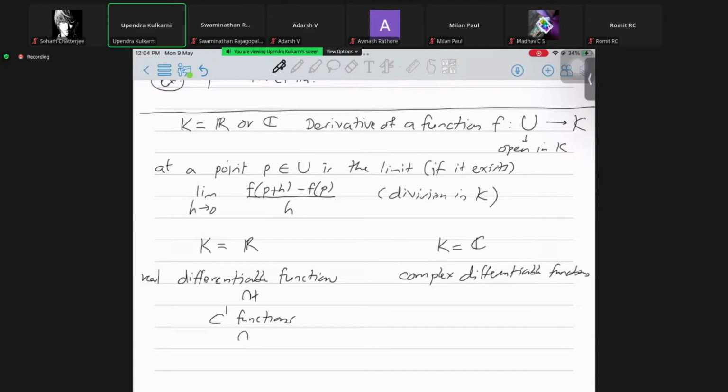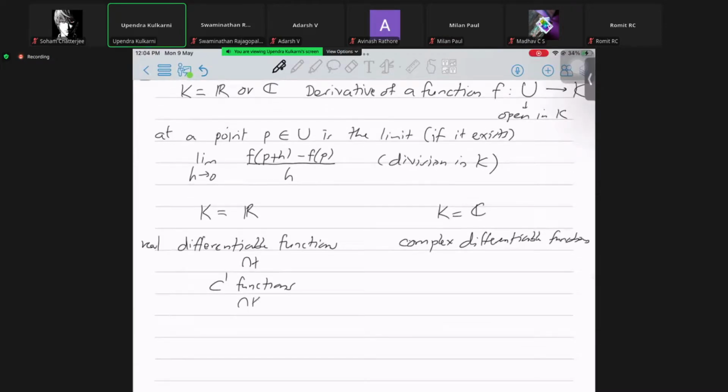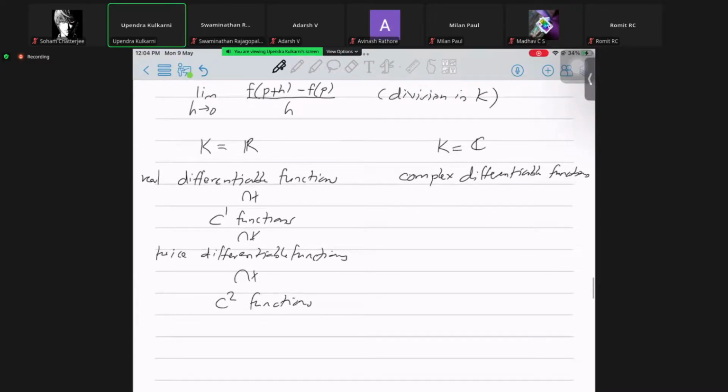So here I have a strict inequality, right? And then I can go on, which is to say that this is twice differentiable functions. And then C2 functions. And so on and so forth, right?